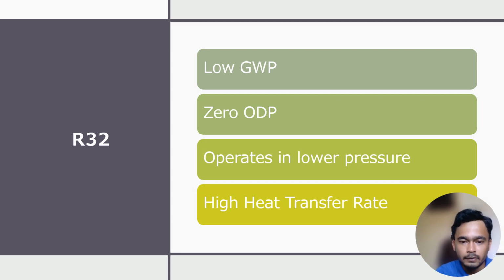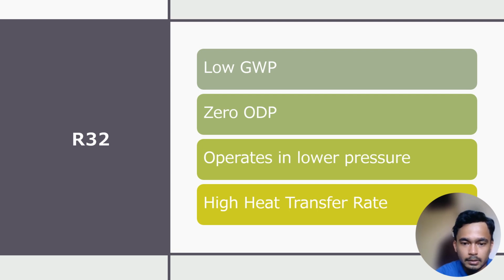And one of the interesting features of this refrigerant is that it operates at lower pressure. So meaning that by having low condensing and evaporating temperature and also pressure, it will make the chiller operate at very low power consumption.